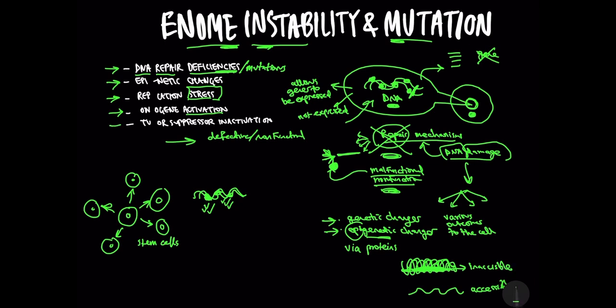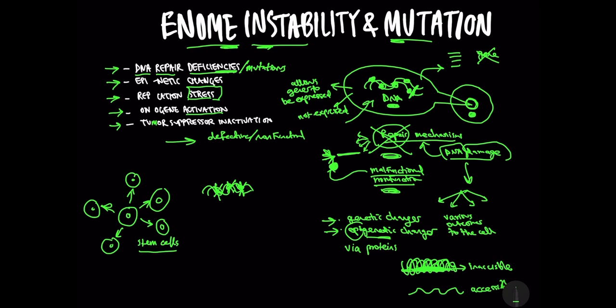Now, looking at the last point here, which is tumor suppressor inactivation. So if this was oncogenes, there are other gene types that are referred to as tumor suppressors. So you have the genes that if you have them mutated, then it will lead to this proliferation.